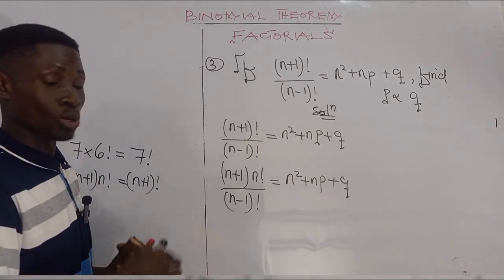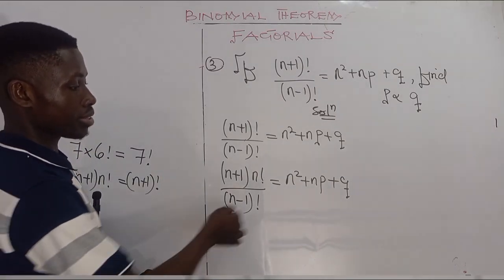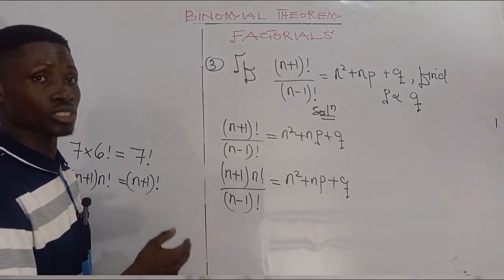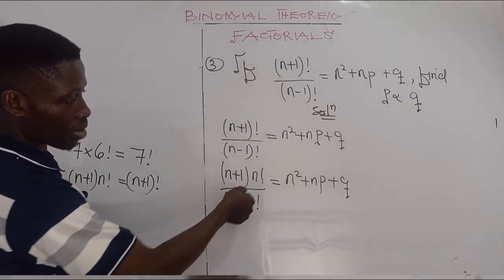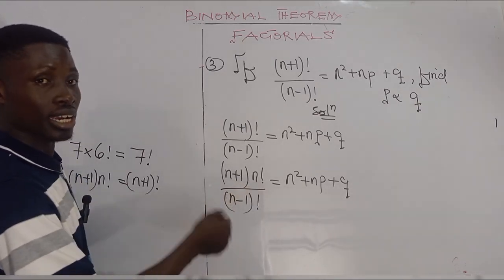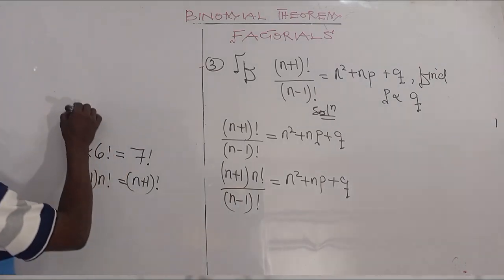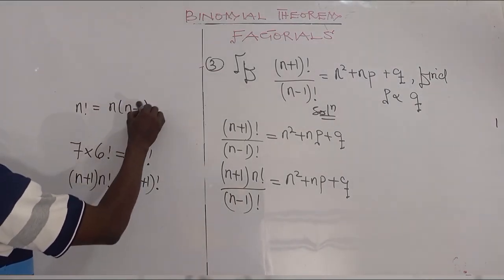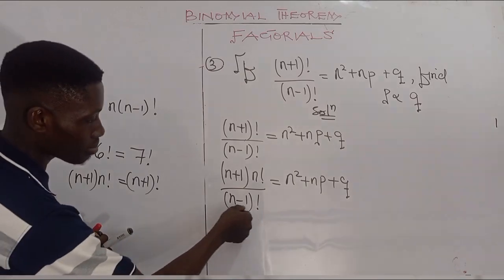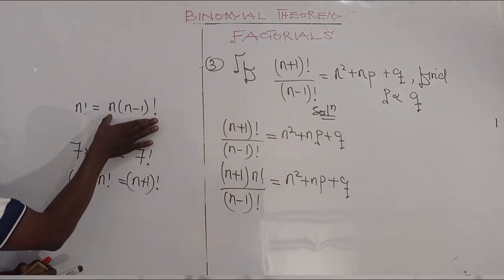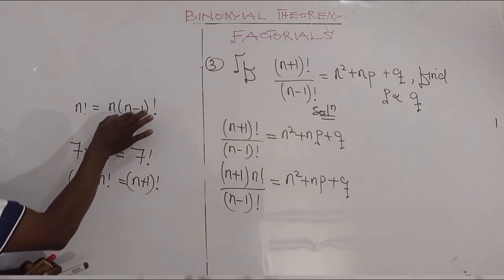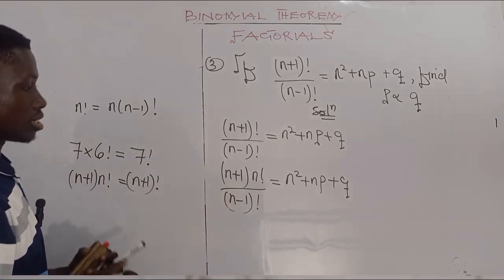So still, you can observe that we are still having the factorial in the equation. So you have to eliminate it. Now we know n factorial can be written as n times n minus 1 factorial. So that this and that will cancel.